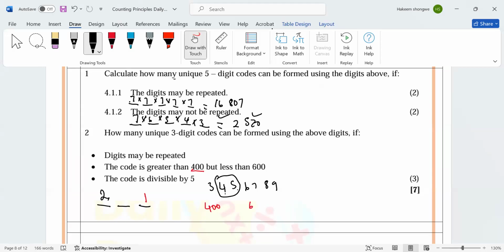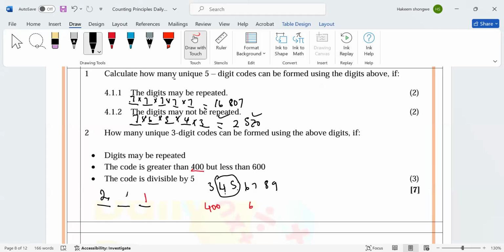Because we don't have 0 in this case, it made life a little bit simpler, because we can never have 600. A code that says 600 doesn't exist, but we can have 633, which is greater than 600. So we use 4 and 5 for the first digit.